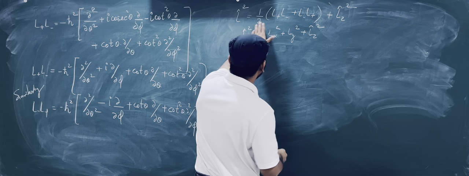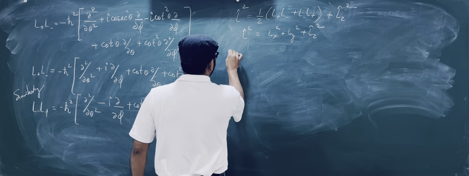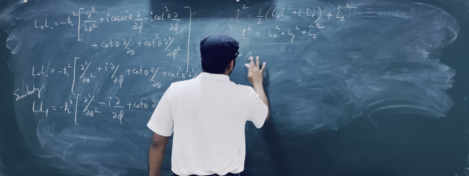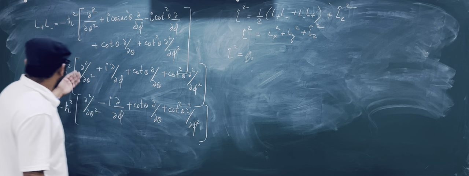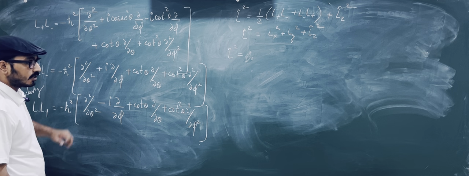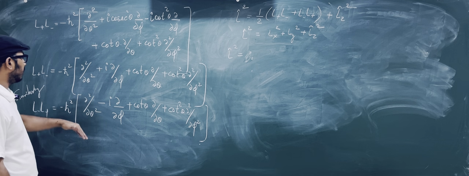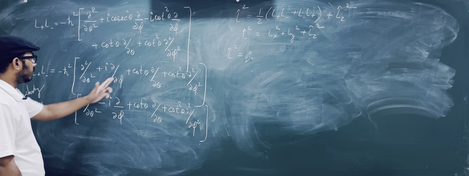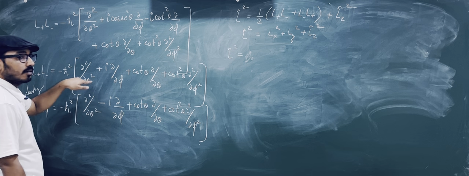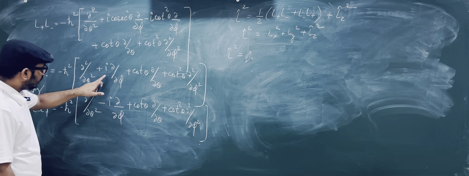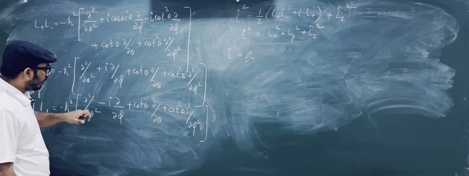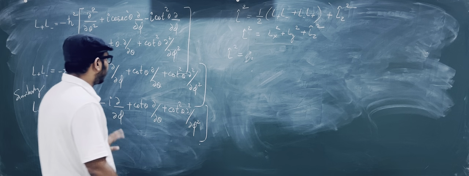Now we can write this term here. So L square is 1 by 2. So we can directly see that these terms are exactly the same, just a difference of minus iota here. So if we add these two terms, there will be a factor of 2 with each of these terms, and we have divided it by 2, so this factor will cancel out, and this term will vanish because this is plus and this is minus with the same values, so this will be cancelled out.